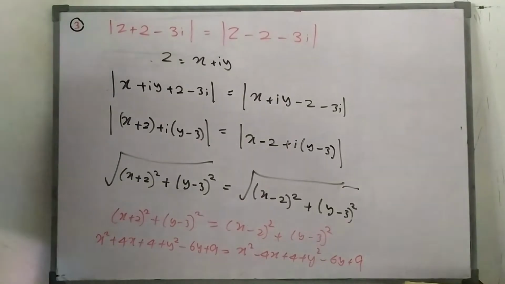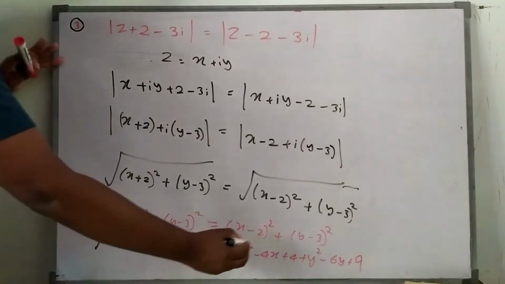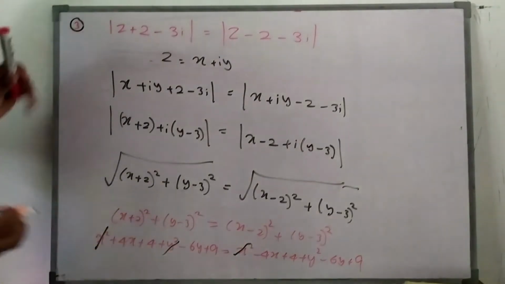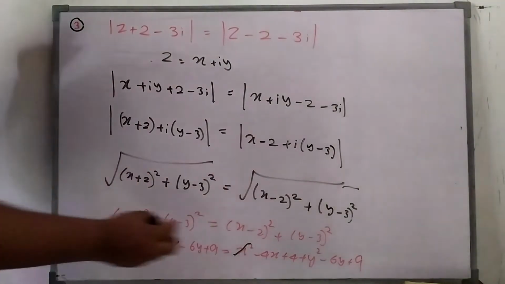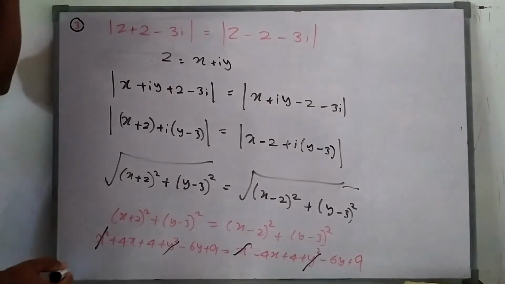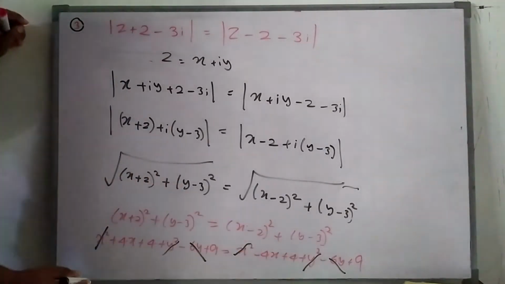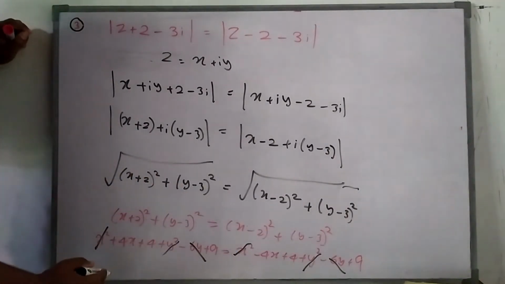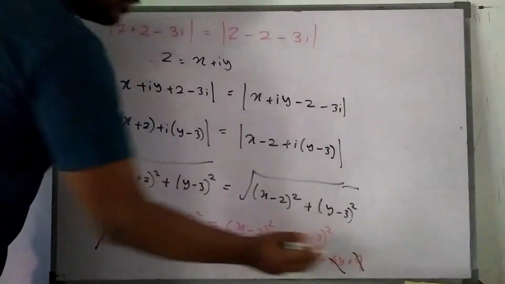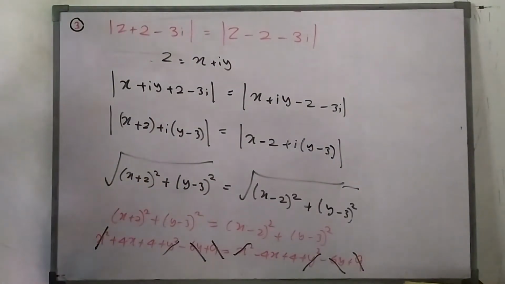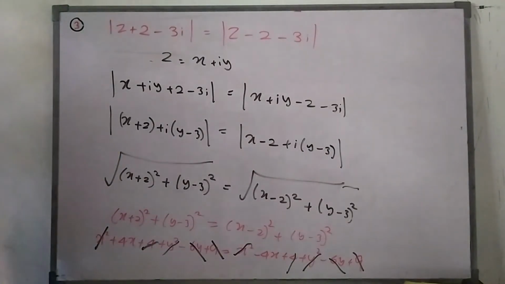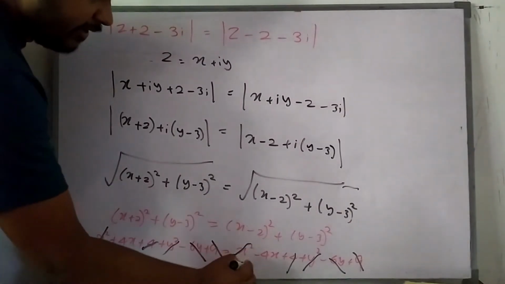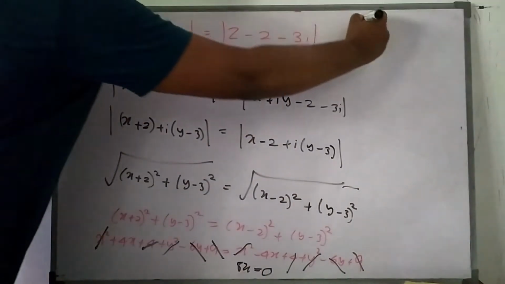So likewise, x squared, y squared, 6y, all are cancelled off, 9, plus 4, so you can see all are cancelling, therefore only 8x equals 0 is remaining, right? It means x equals 0.